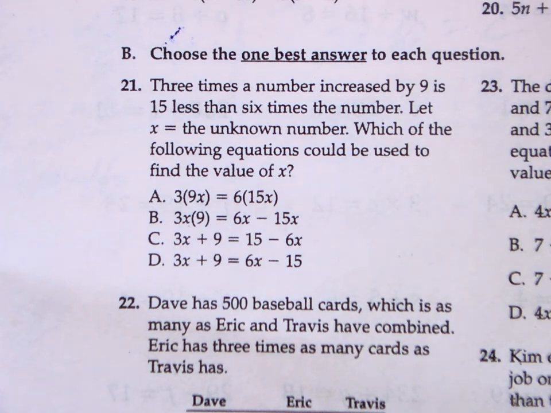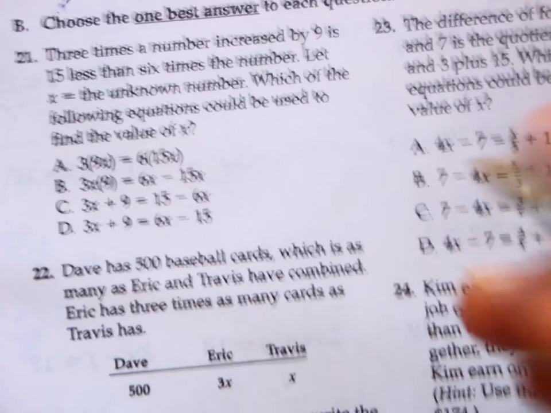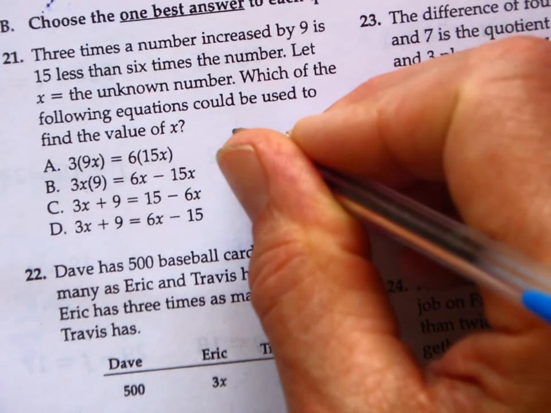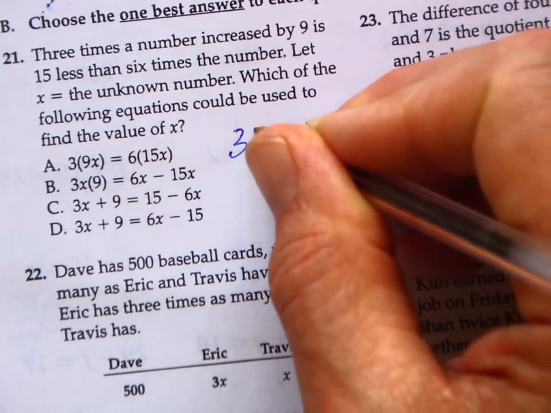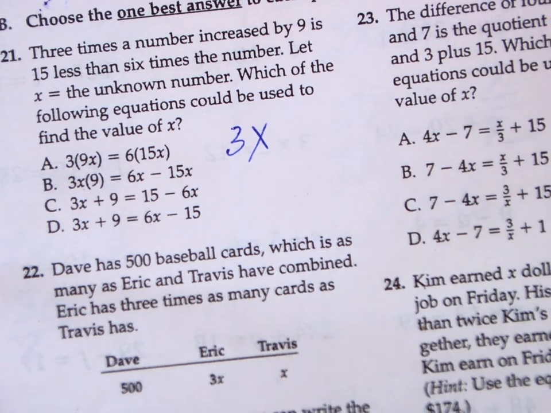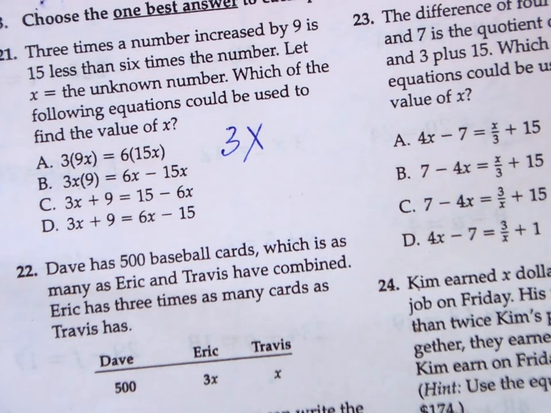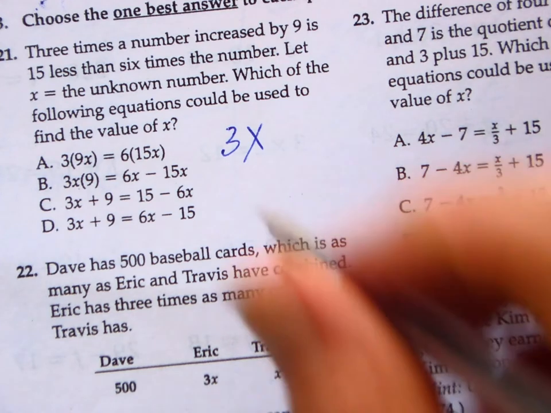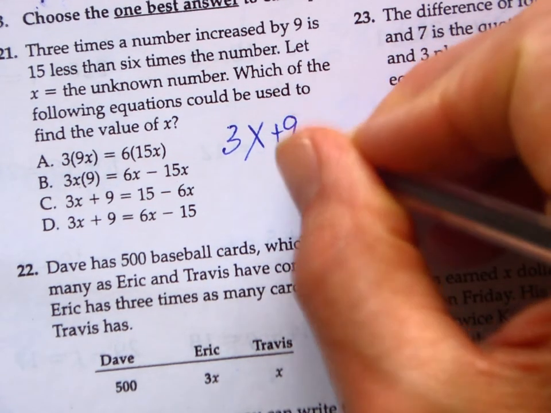So let's think. 3 times a number. How do we represent 3 times a number? Well, we'll put x. 3x, right? Increased by 9. How do you increase it by 9? You add 9, right?